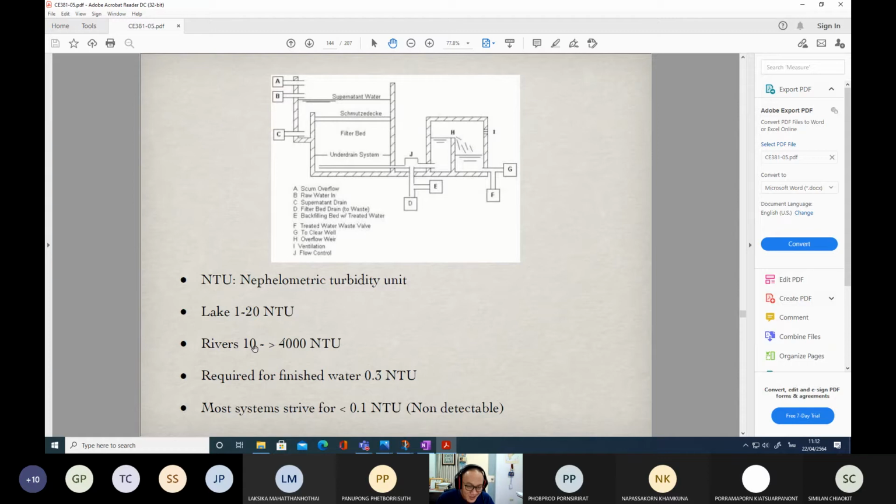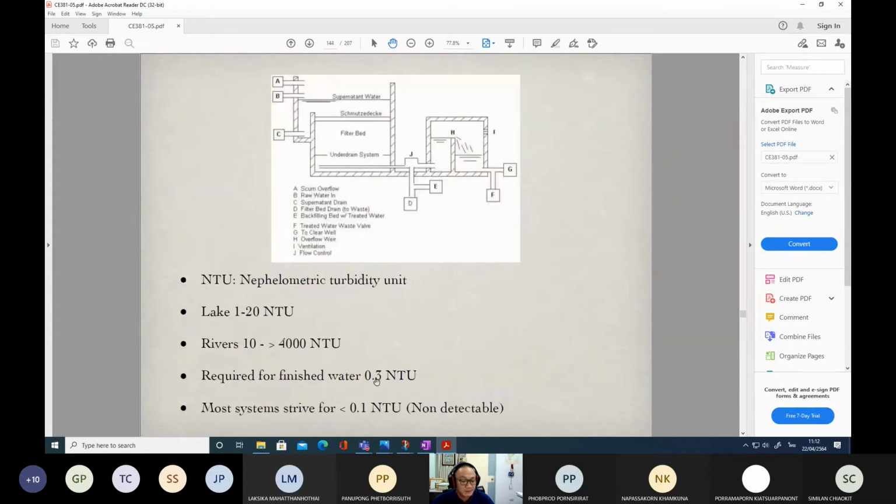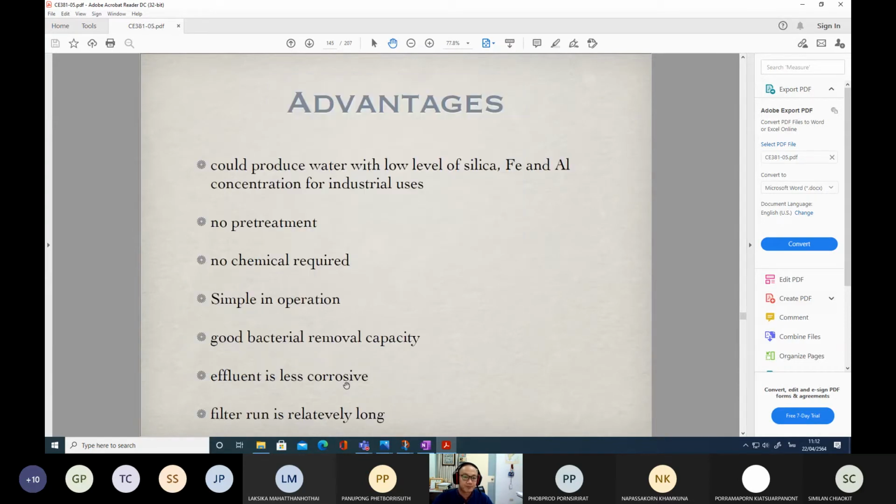During the dry season the turbidity may be very low, but during the wet season, where there is a slide or landslide, the turbidity could increase up to 4,000 NTU. But anyway, the requirement for finished water should be approximately 0.3 NTU. This is the case of the slow sand filter. Mostly the system strives for less than 0.1 NTU, or a non-detectable limit.